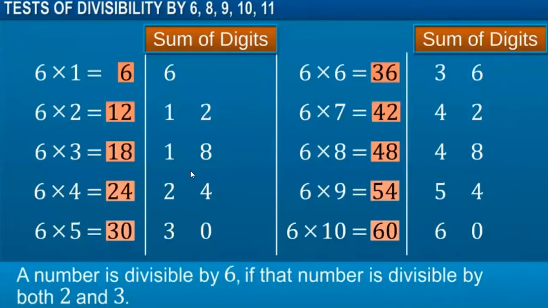So we can say that a number is divisible by 6 if that number is divisible by both 2 and 3.